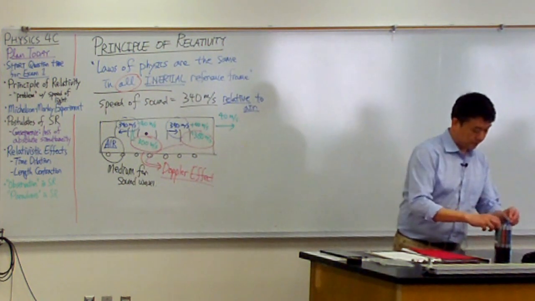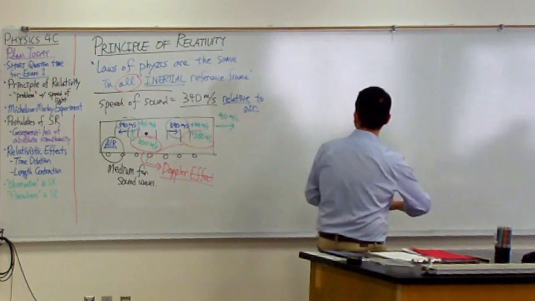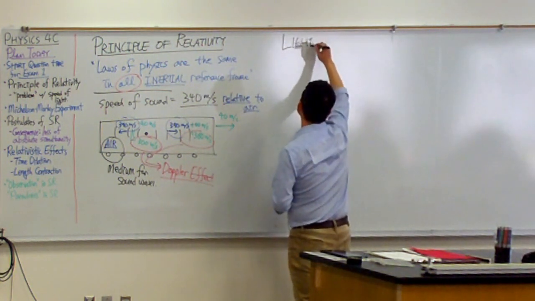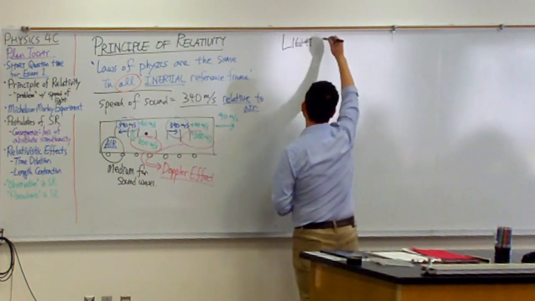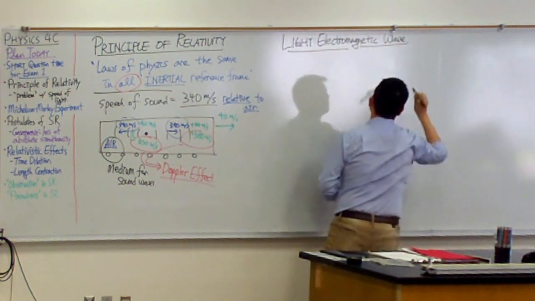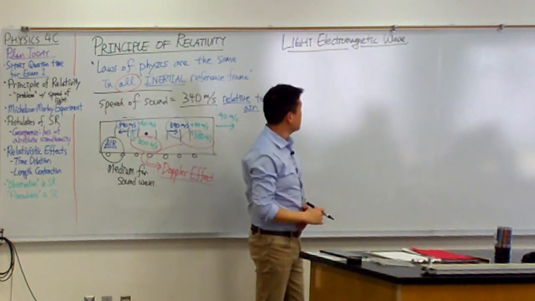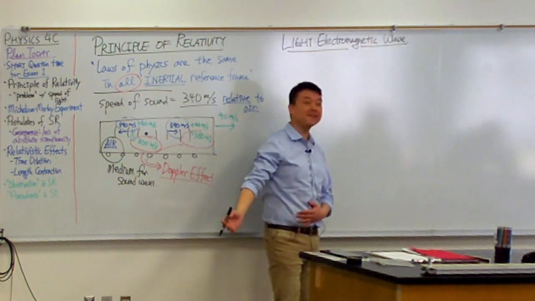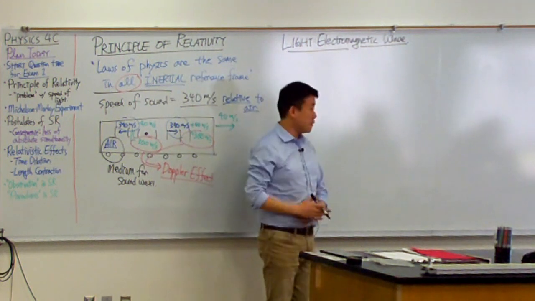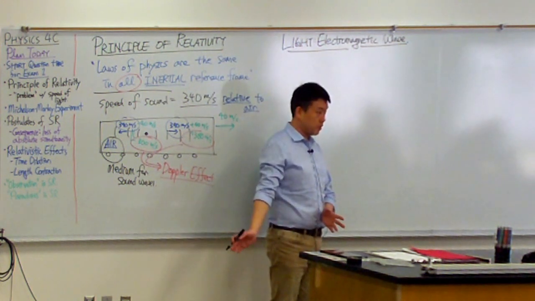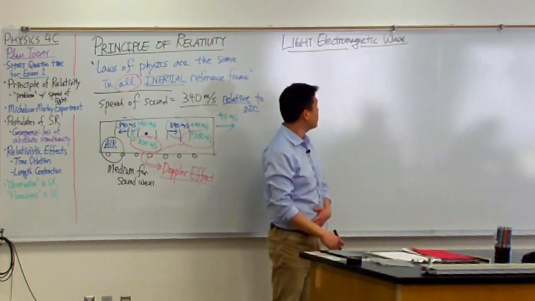So you know what light is? It's an electromagnetic wave, and the wave equations that you saw me halfway derive the first day of class were based on Maxwell's equations in vacuum. So there's no medium to speak of whatsoever.